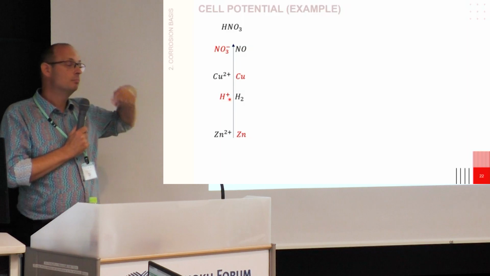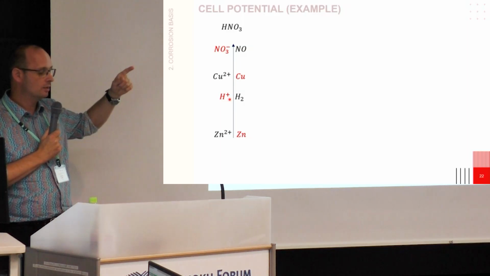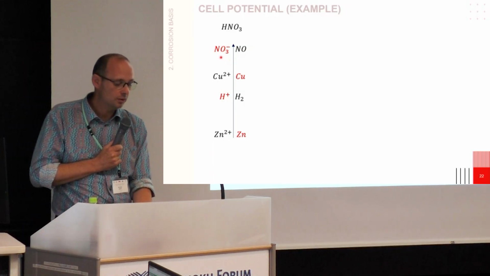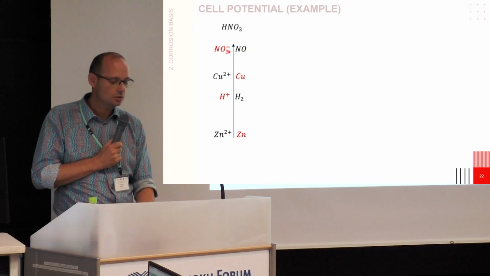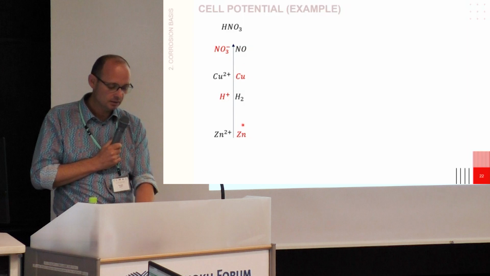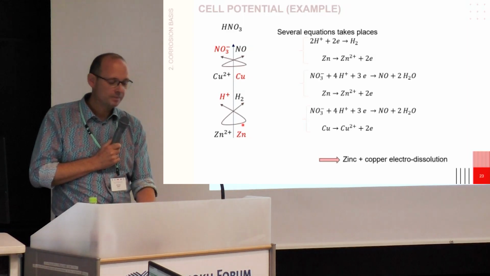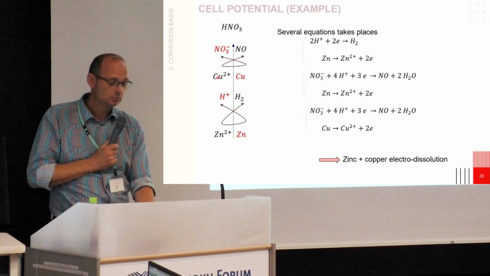So now if I'm inserting nitrate ions in my scale, so I know that I have NO3 minus in solution. So now I have all this in red. What kind of reaction can I have? I still have the first one. I'm allowed to write it. But now I have another one.